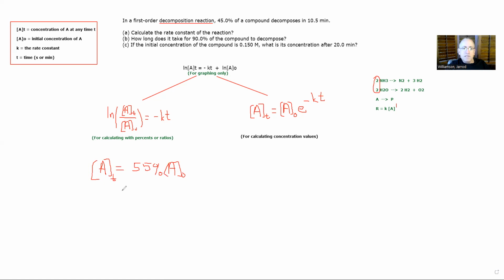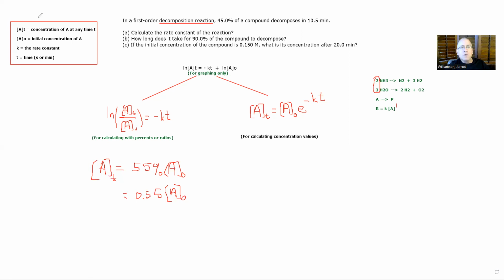Or in other words, when I put it in here, At is equal to 0.55 of the original amount. How come? Because 100 minus 45, I have only 0.55 of it left.